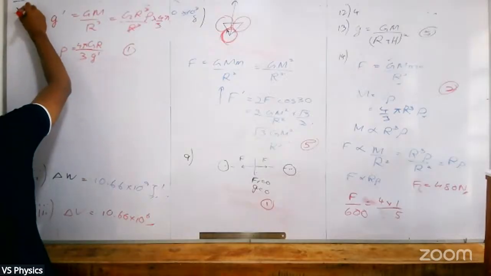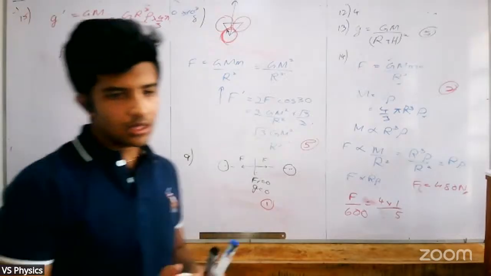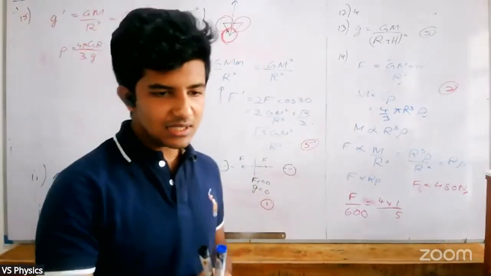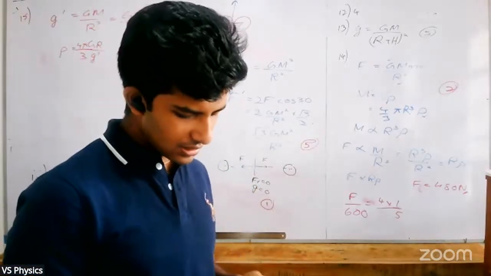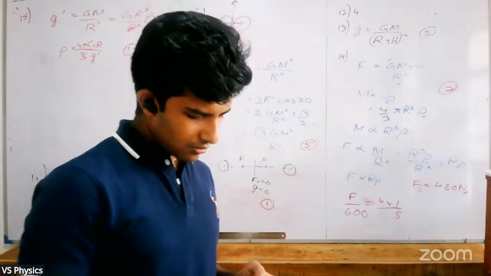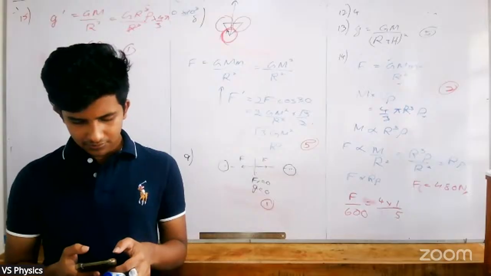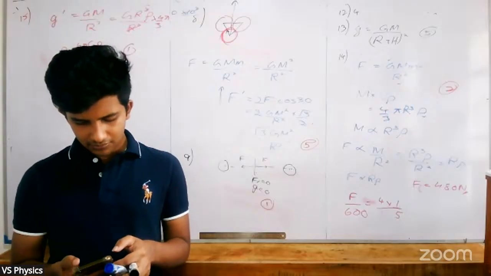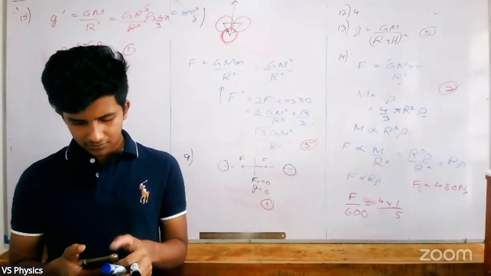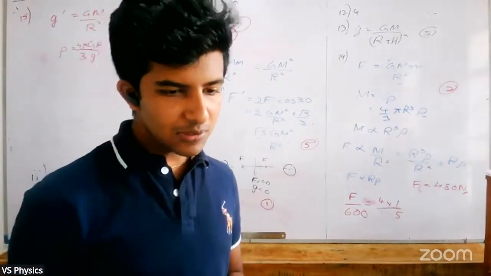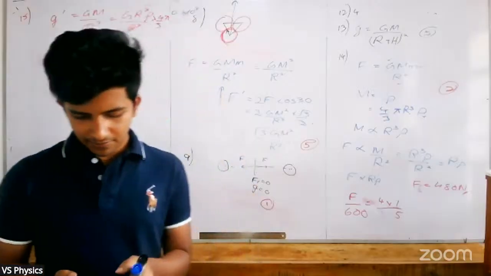What is this 15th question? 16th one. The mass of Mars is 0.1 times that of the Earth.